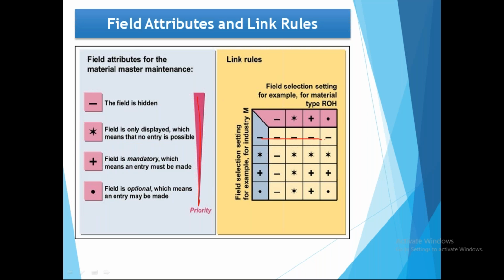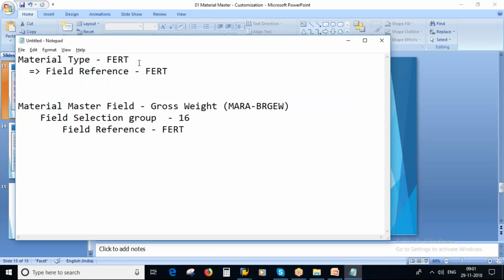So always hidden will be taking the first priority. For star, next displayed will be taking the second priority, mandatory will be the third priority, and optional will be the fourth priority.